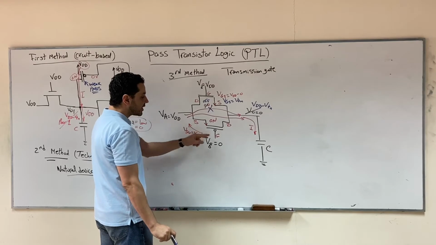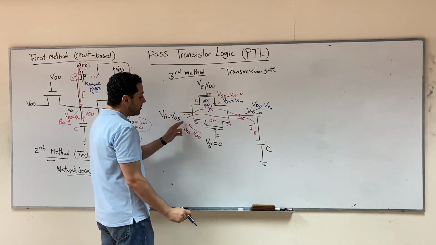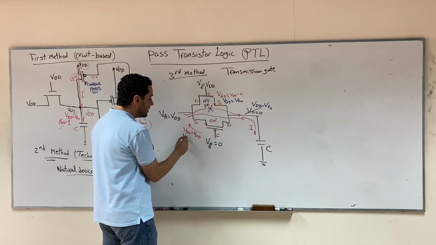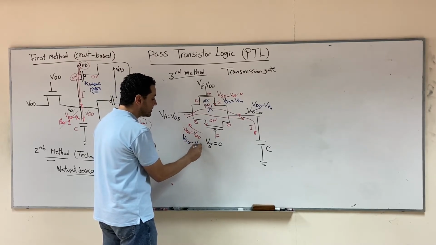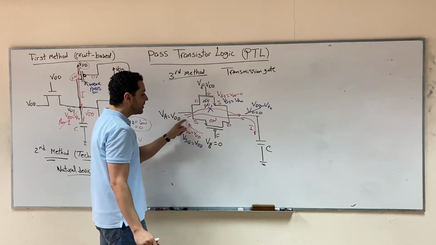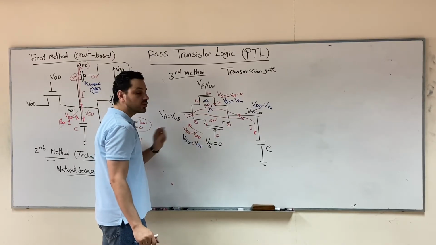However, let's look at the PMOS transistor. VSG will remain as it is, because VSG doesn't depend on the voltage of the capacitor. VSG will remain constant, equal to VDD.